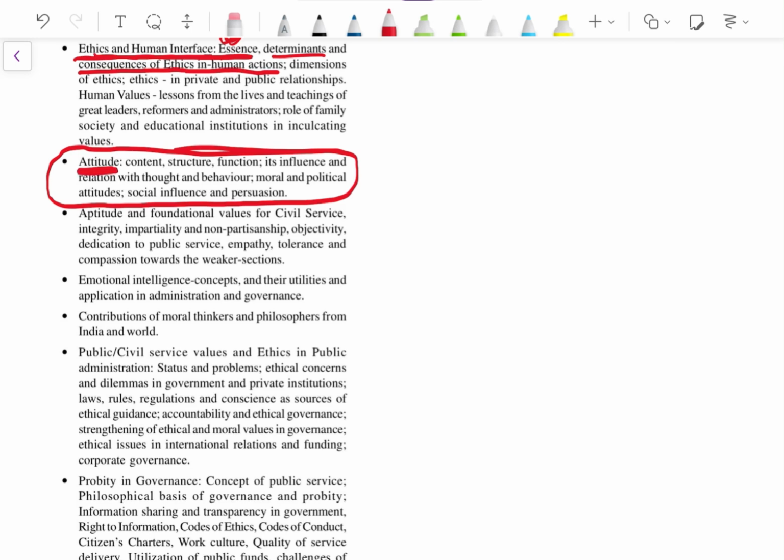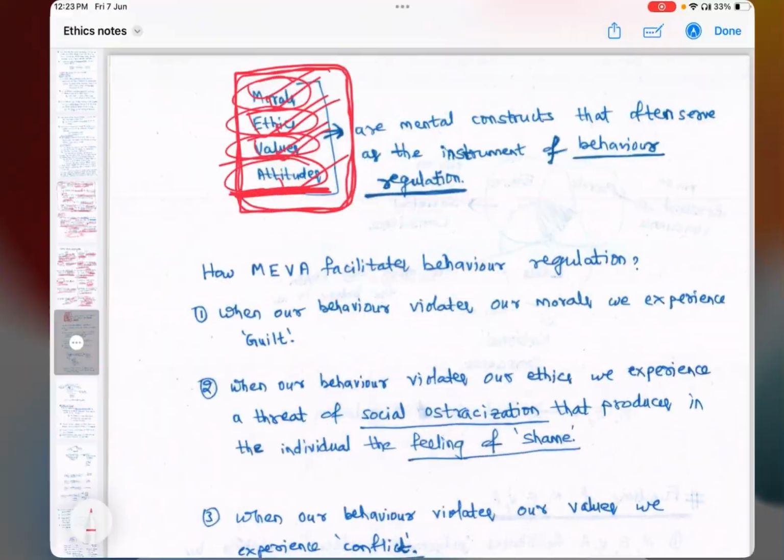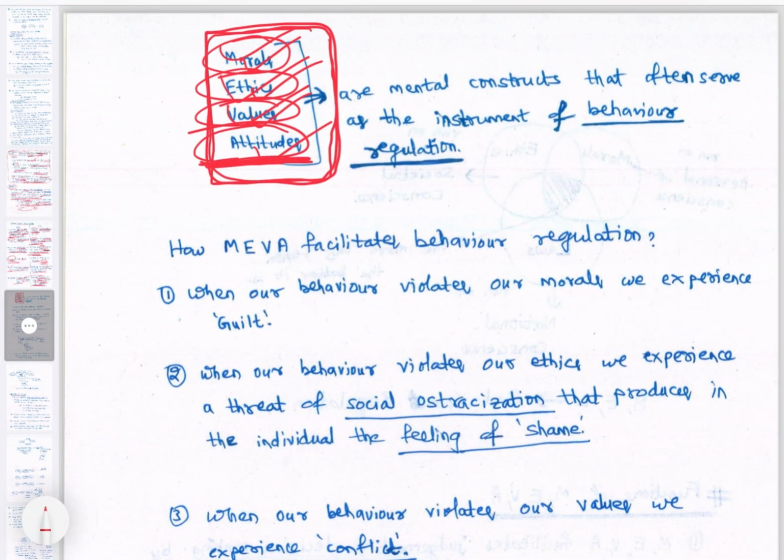Now briefly understand the main function of attitude, morals or ethics. All these are mental constructs that often serve as instruments of behavior regulation.